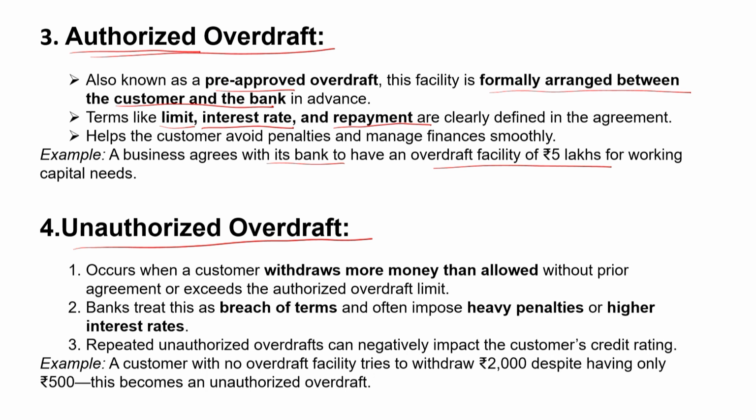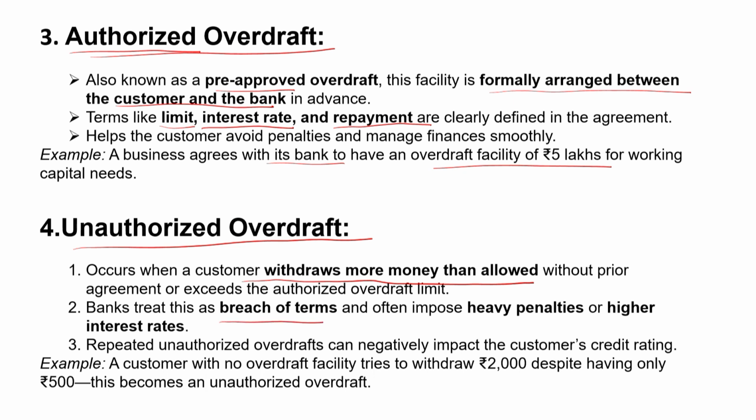Now the next category is the unauthorized overdraft. This kind of overdraft occurs when a customer withdraws more money than allowed by the bank without any prior agreement with the bank, and they exceed the authorized overdraft limit given by the bank to the consumer. In such cases, it is considered a breach of terms.